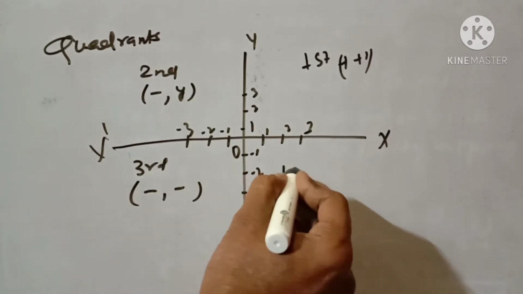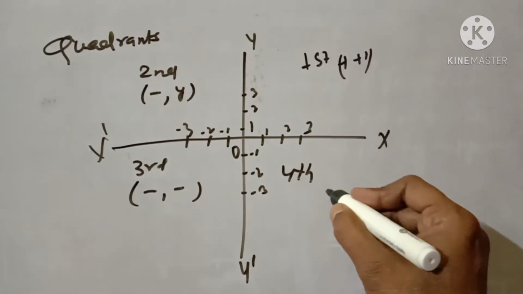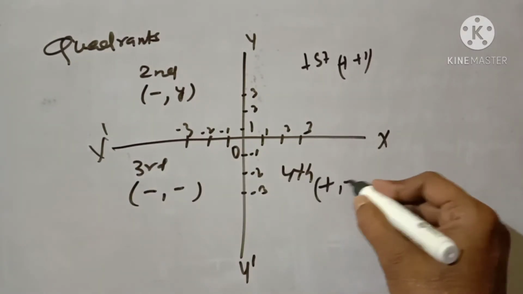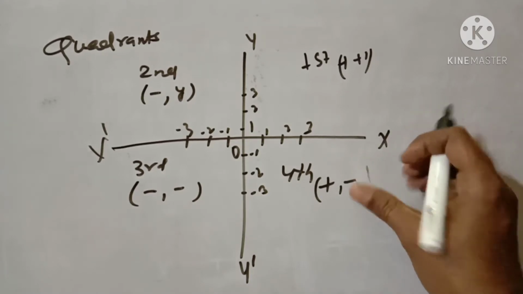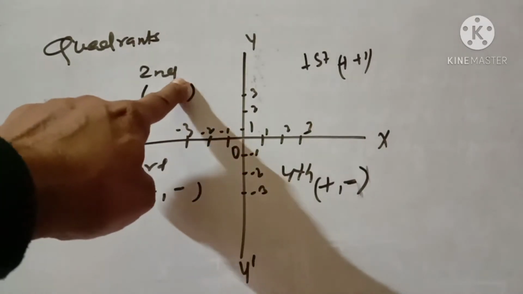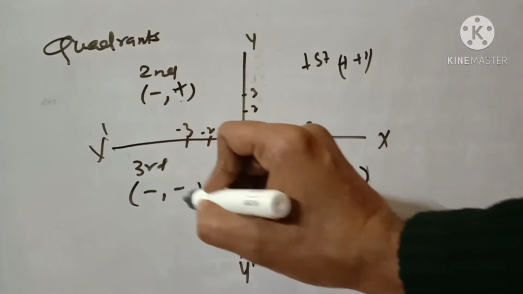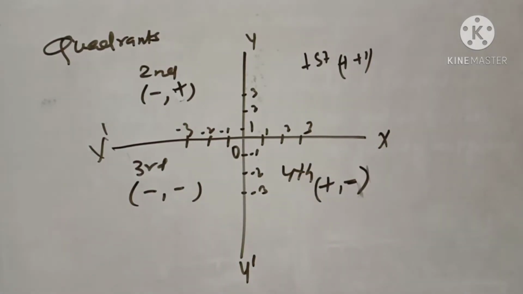And this is our fourth quadrant: x positive and y negative. These are the important things you have to note down in your copy. So first quadrant is positive and positive, second negative and positive, third negative and negative, fourth positive and negative. Write down please.